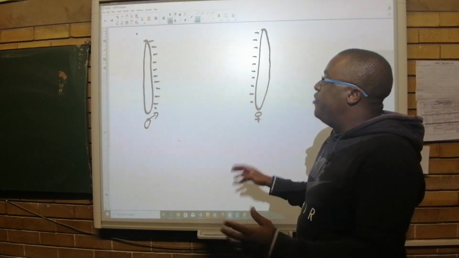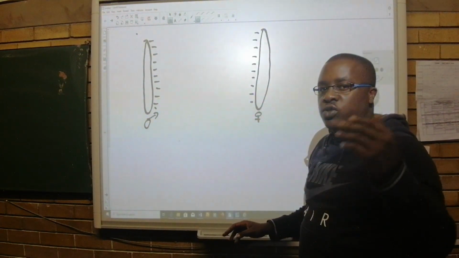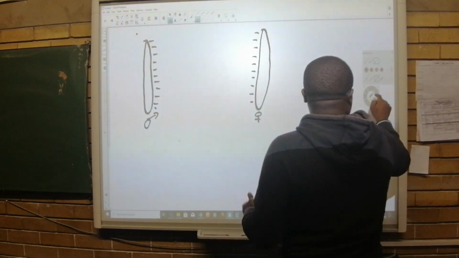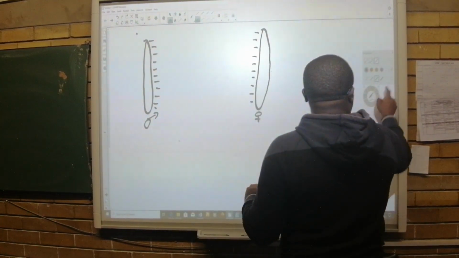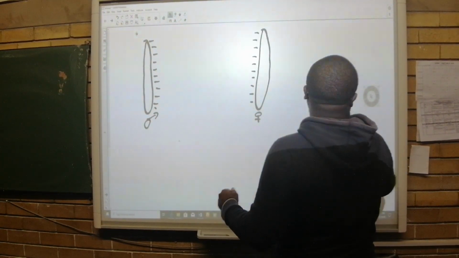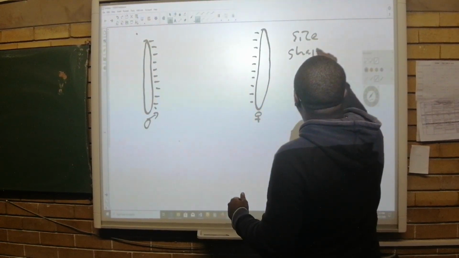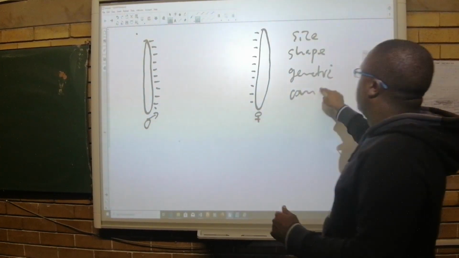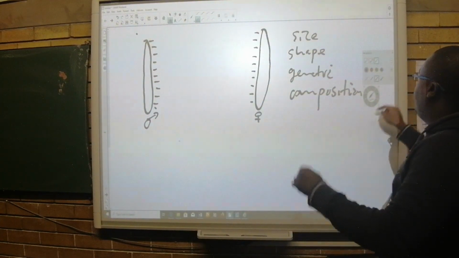So, when fertilization occurs, in each homologous chromosome pair, you are having two chromosomes, and these two chromosomes are of the same size, shape, and genetic composition.